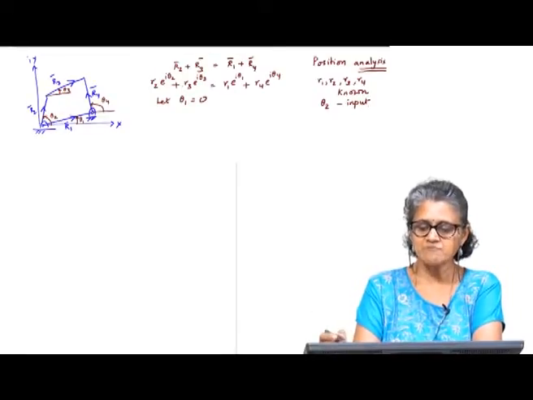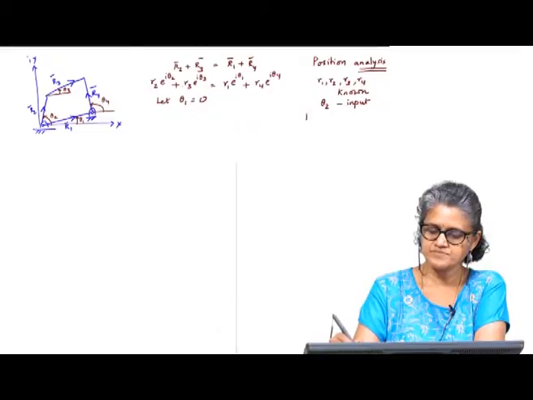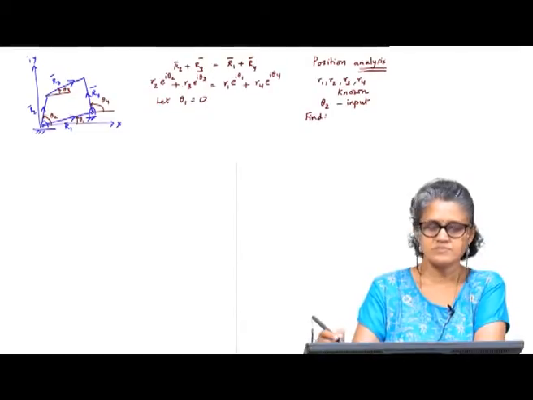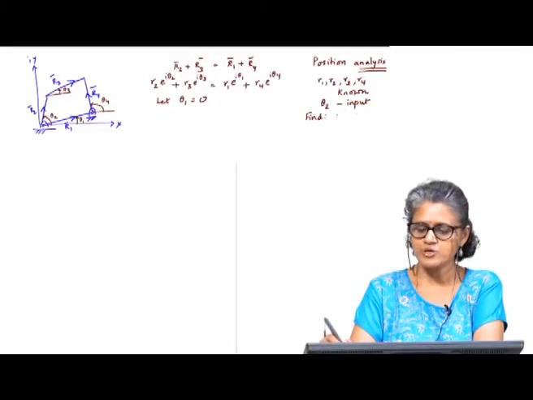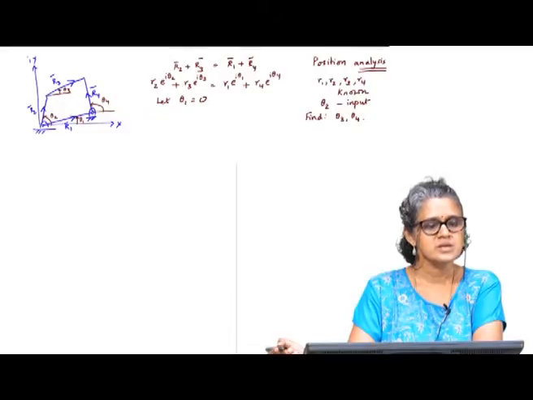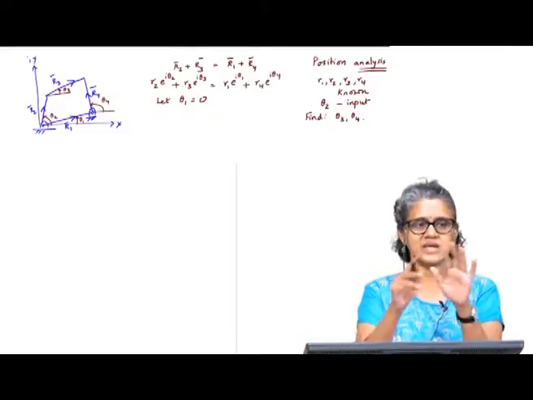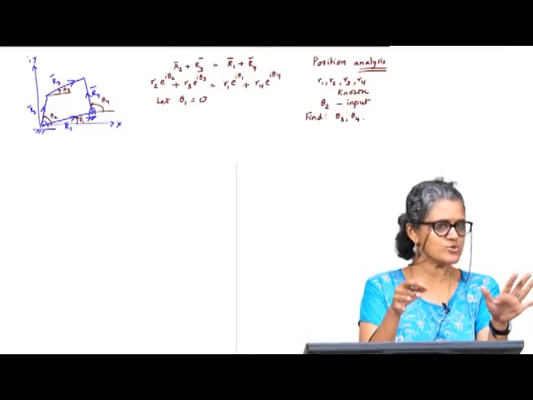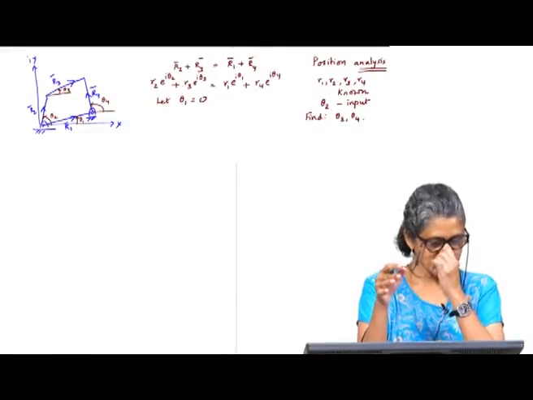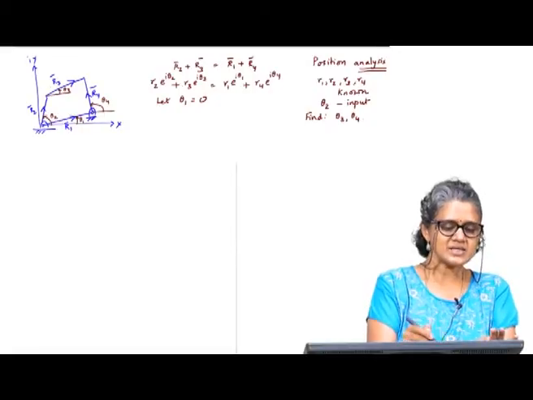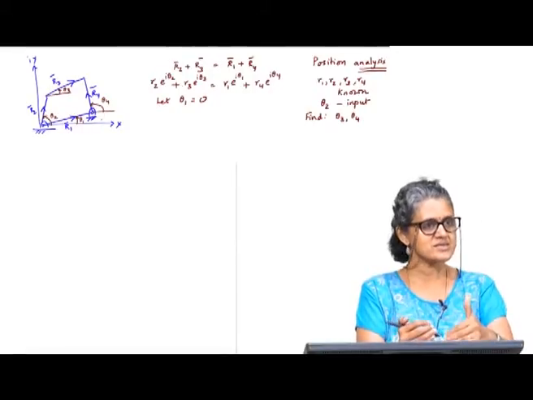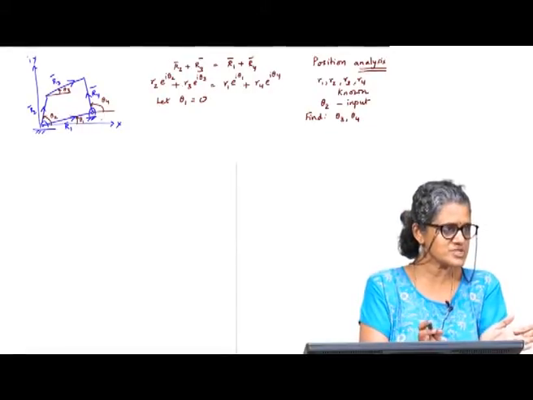So, what I have to now find is, for every theta 2, what are theta 3 and theta 4, because if I know that, the link lengths are all constant, they do not change for the 4 bar. So, I can basically construct the 4 bar in every position.